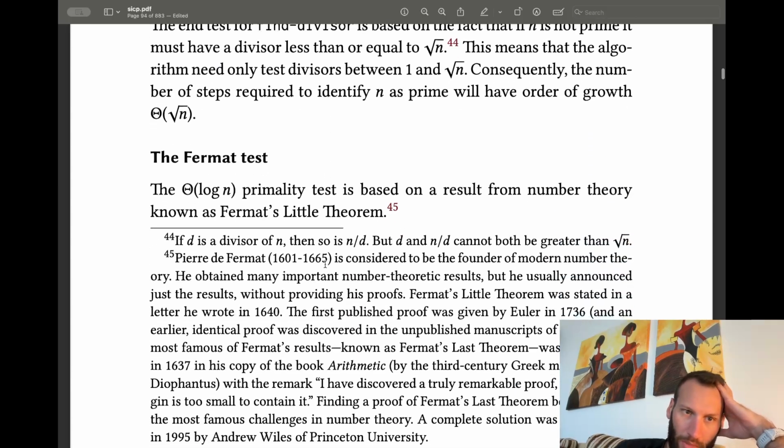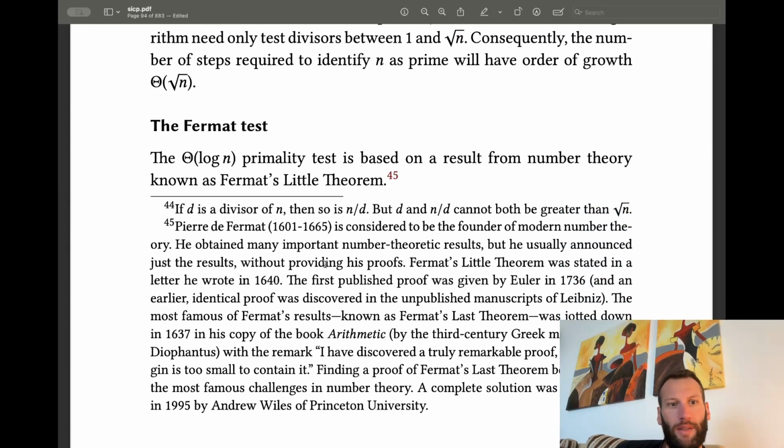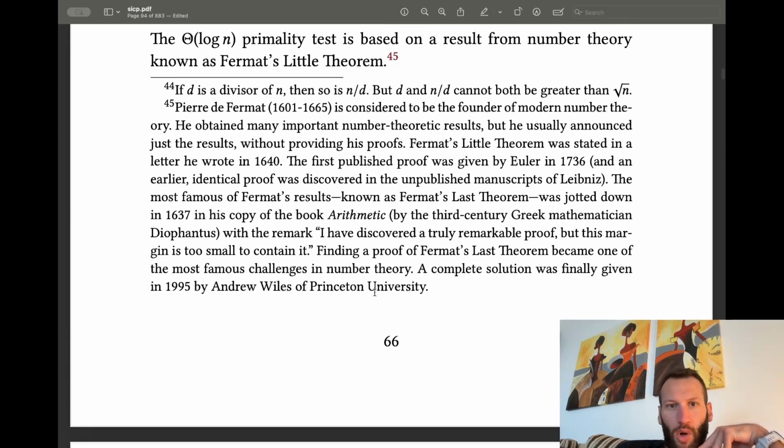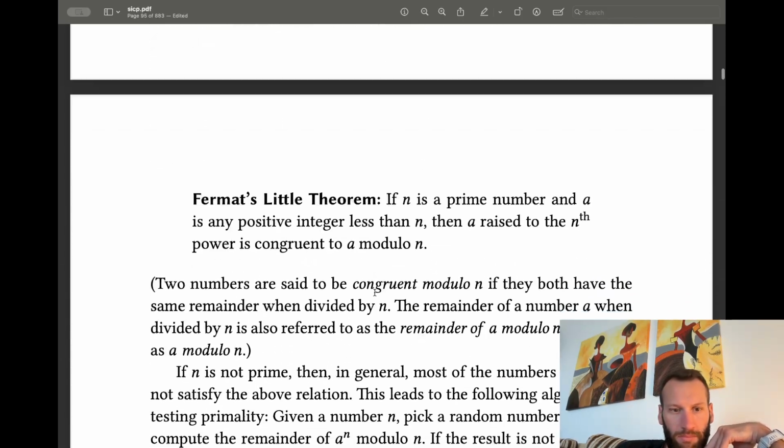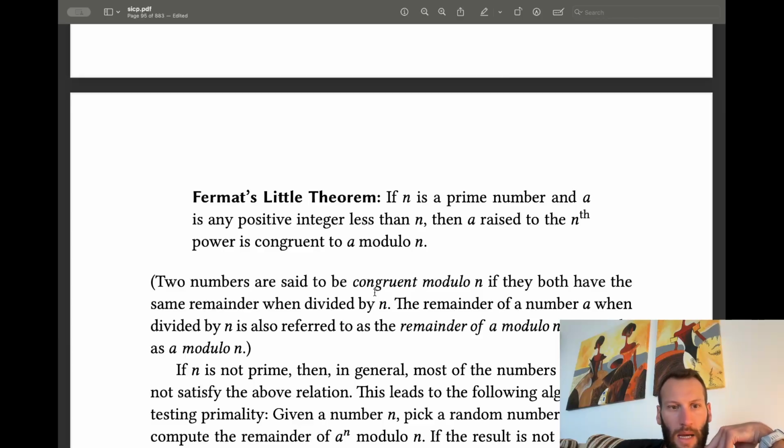Okay. The Fermat test, the log n primality test, is based on a result from number theory known as Fermat's little theorem. I know nothing about this stuff. Fermat's little theorem: if n is a prime number and a is any positive integer less than n, then a raised to the nth power is congruent to a modulo n.